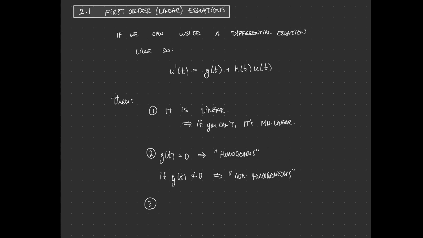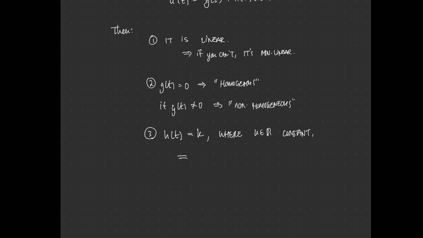And lastly, my final note here is that if h of t equals some k, where k is a constant, then we call it a constant coefficient equation.